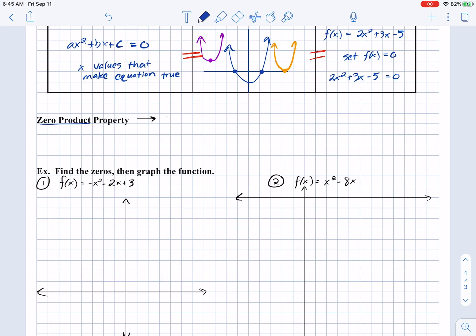Okay, and this states that if the product of two quantities equals 0, then at least one or both of those quantities must also equal 0.